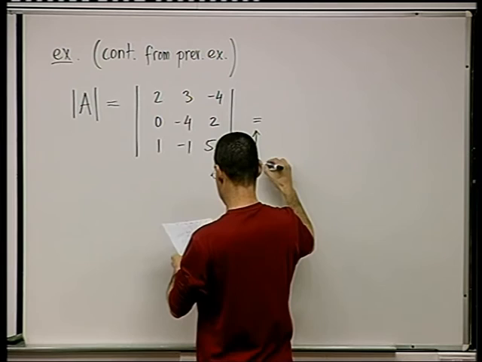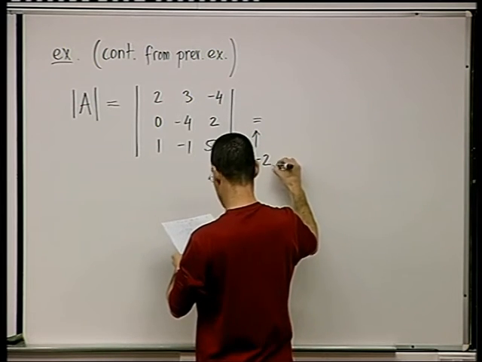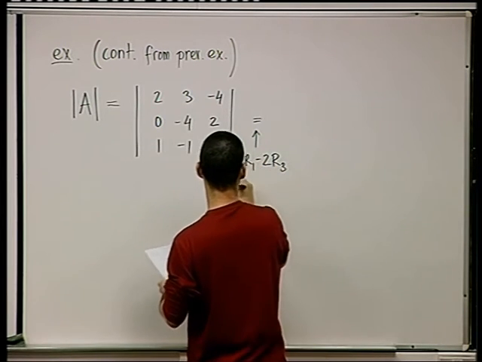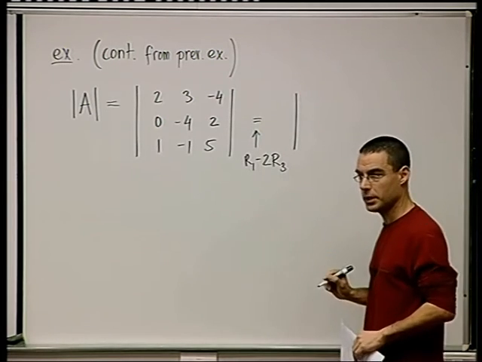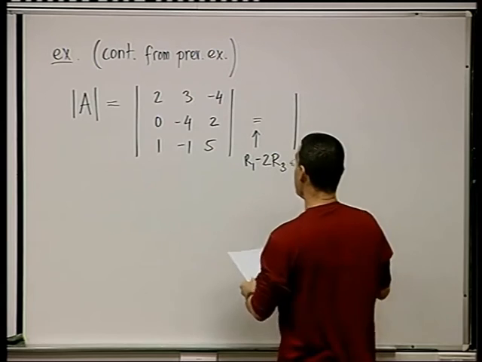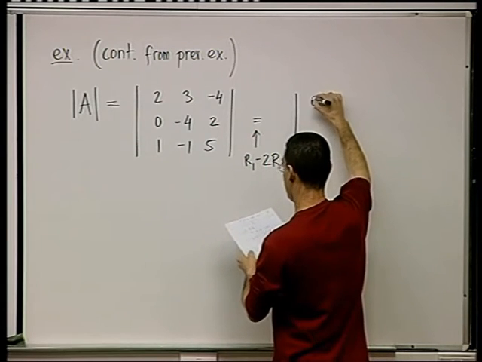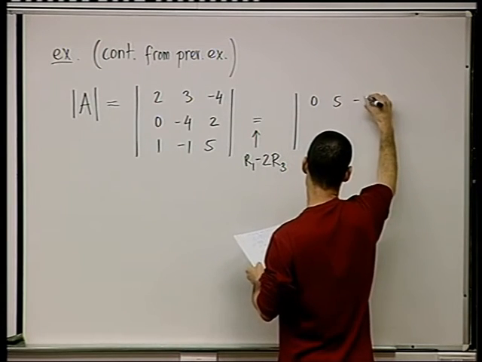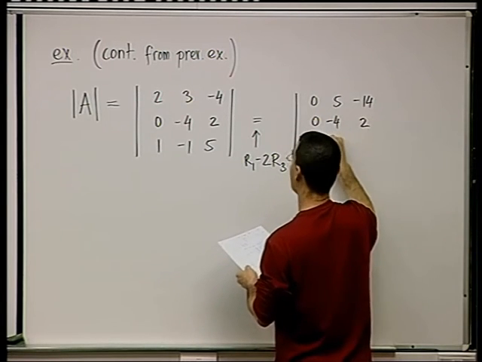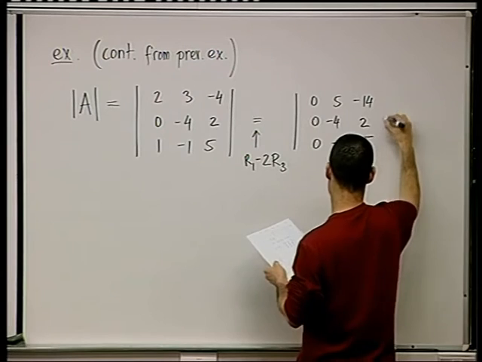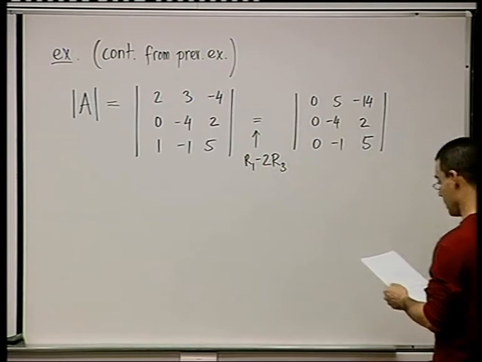So let's do R1 minus 2R3. This is an operation that preserves the determinant, so the determinants remain equal. So I get 0, 5, negative 14, and 0, negative 4, 2, and 1, negative 1, 5.